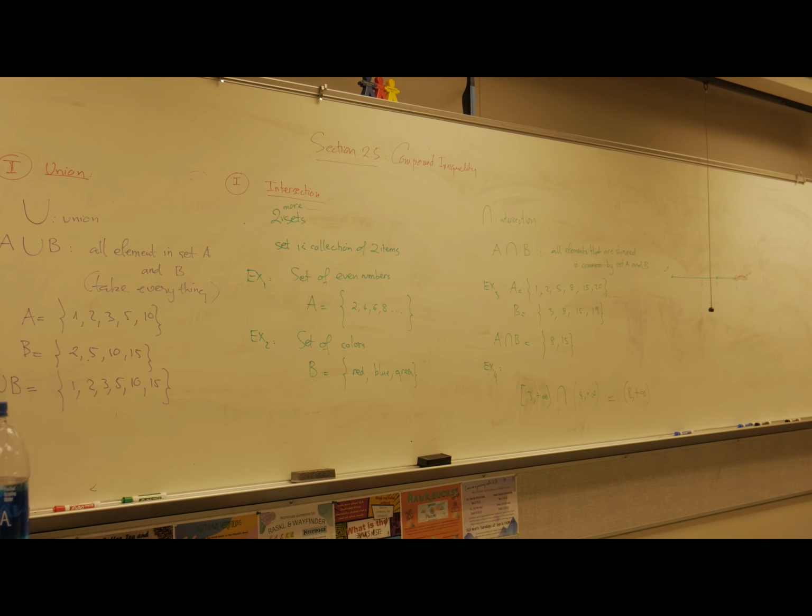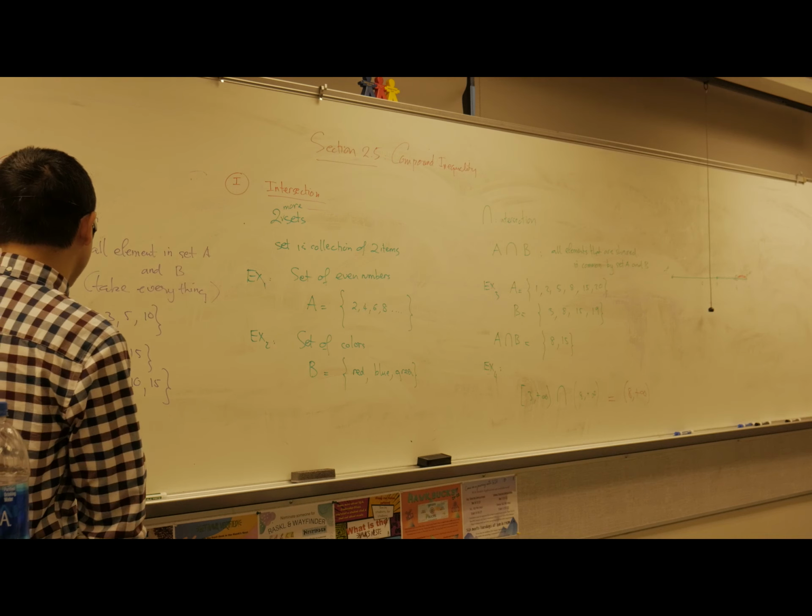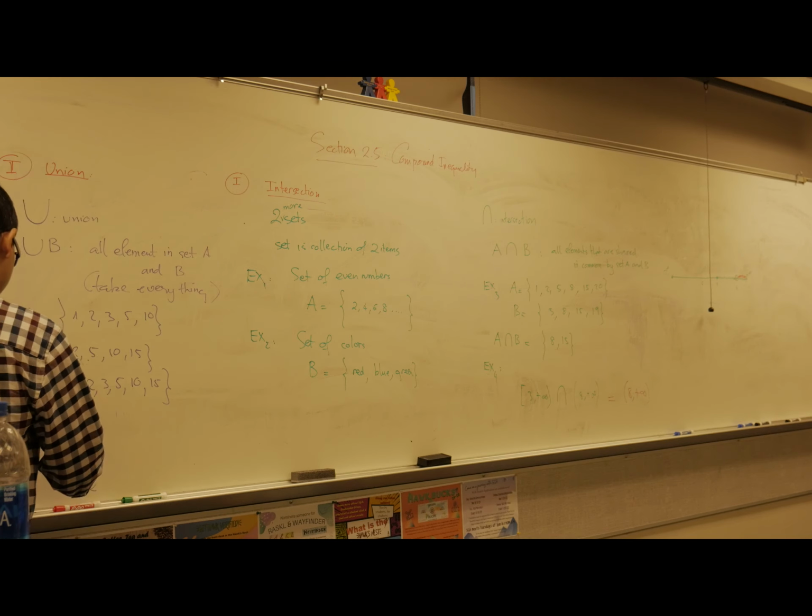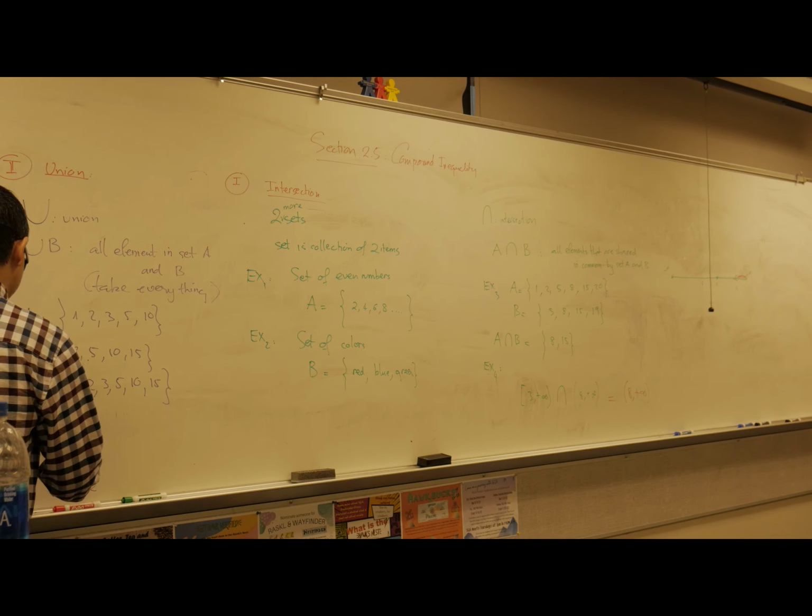Now we can do the same logic when you find union between two interval notations too. So in example 6, I'm going to ask you to find the union between these two interval notations.